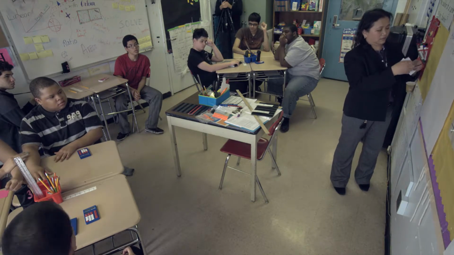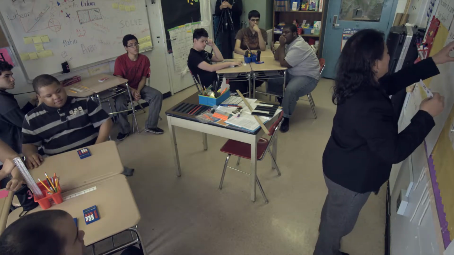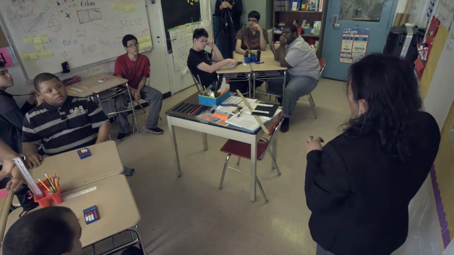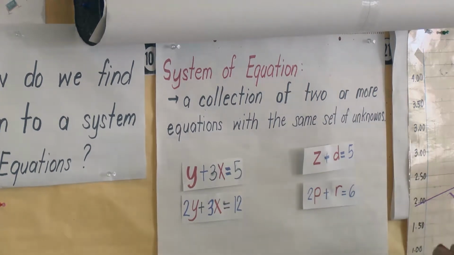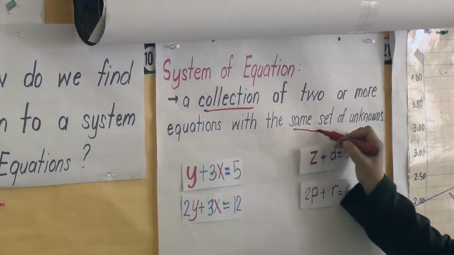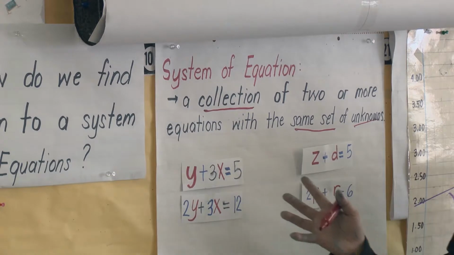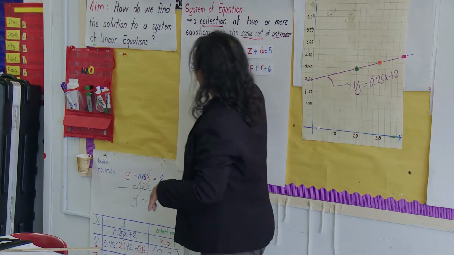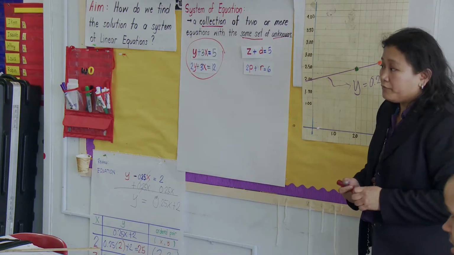So we have here two sets of equations, but which one will be considered our system of equations? Remember we said collection, then same set of unknowns. So Alberto said this is the equation that has the same x and y. So this is what we will consider as our system of equations.